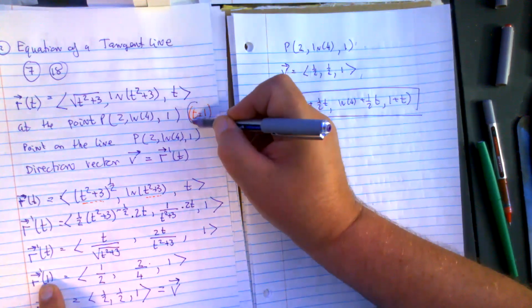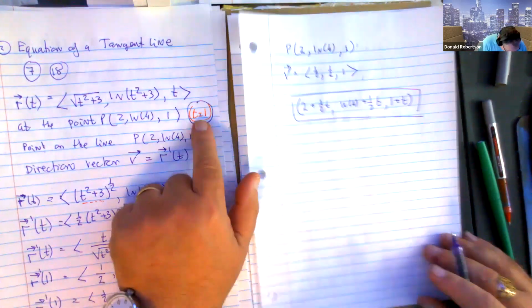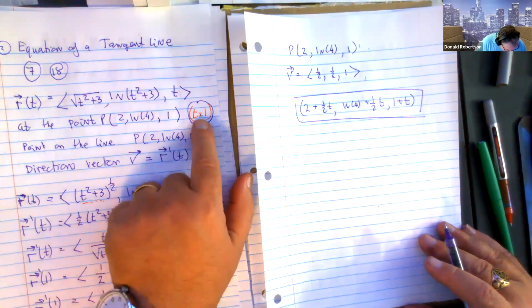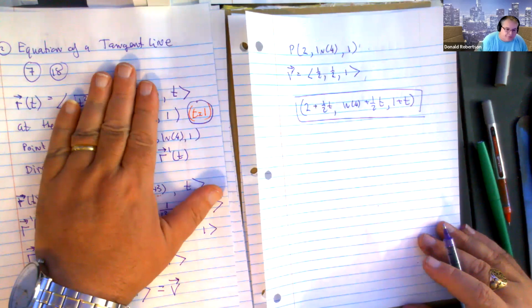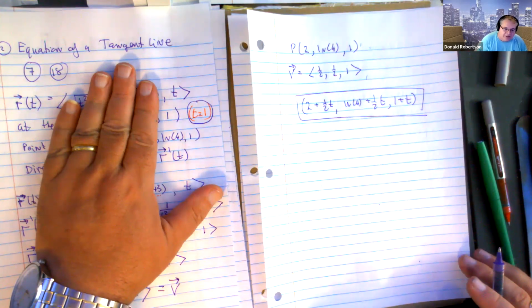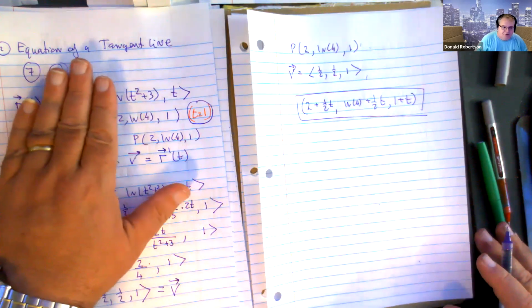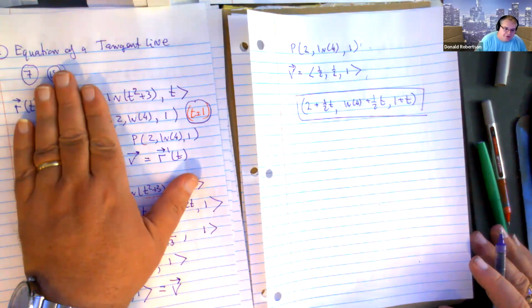It came by evaluating the derivative at t equals 1. So, where did the 1 come from? Here is the space curve. What value of t would generate this point? Well, I just matched up the z's. t has to be 1. If I matched up the middle one, wouldn't the log of t squared plus 3 have to be the log of 4?